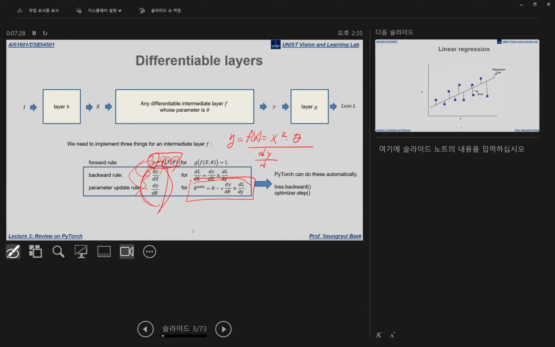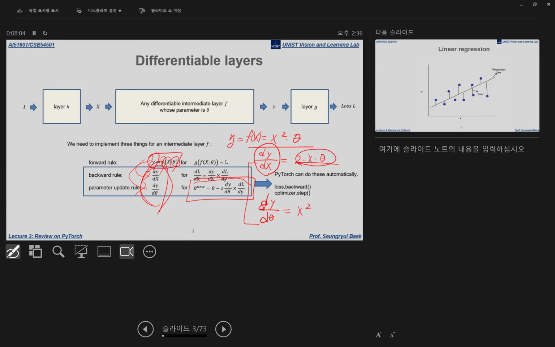If we want to differentiate this with respect to x, then it would simply be this. But anyway, we have to calculate this kind of closed form solution for the differentiation and implement it at the code level. And we also have to calculate dy/dθ, which is, for example, this, and implement it in Python, to implement this layer by ourselves.